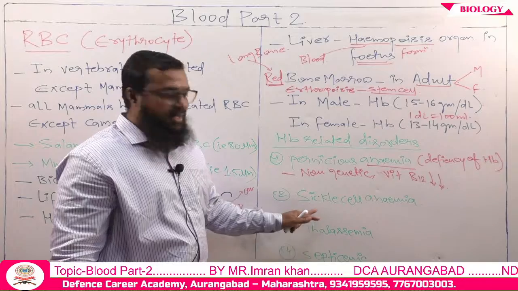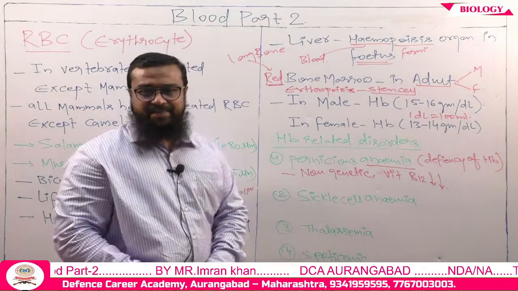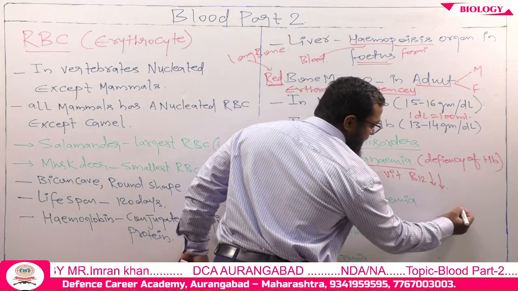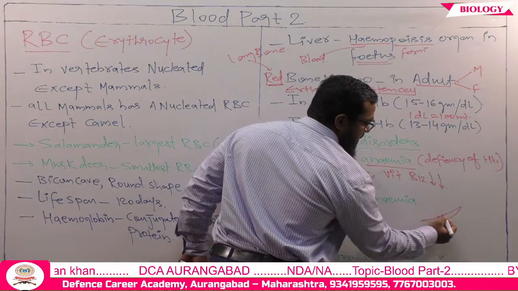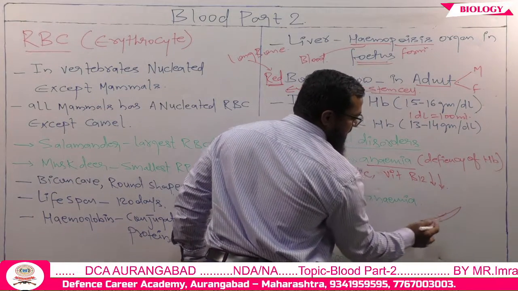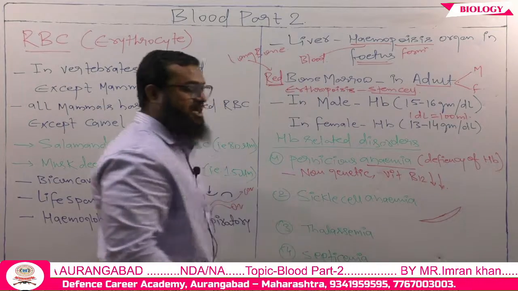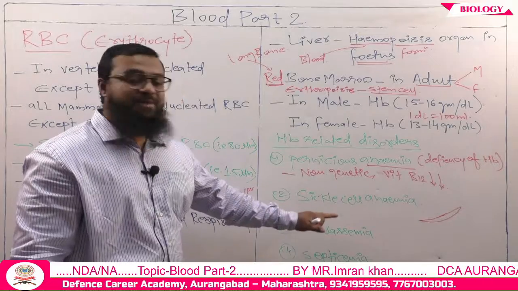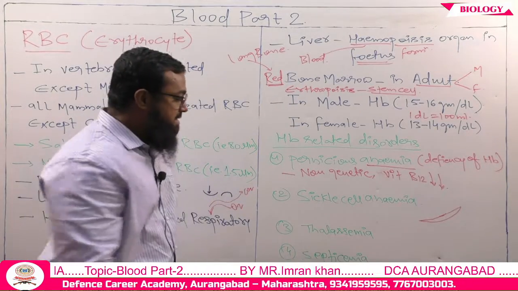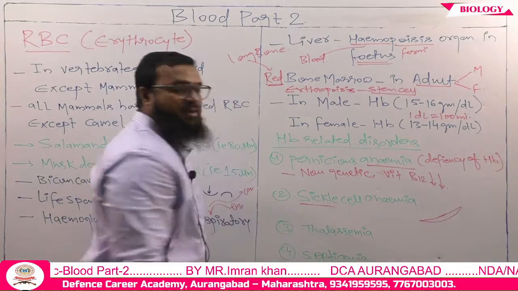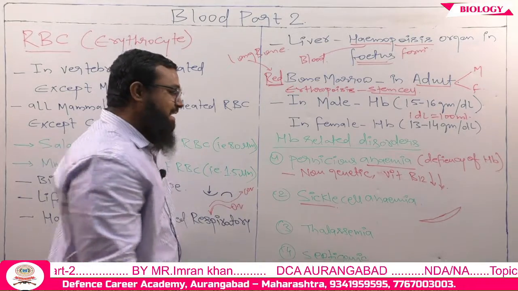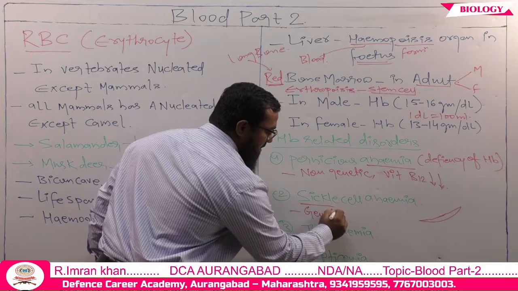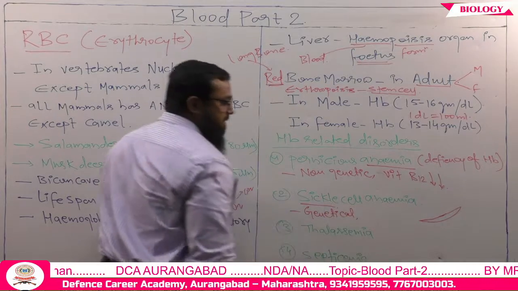Next disorder is sickle cell anemia. What happens in this? The RBC shape becomes half moon shape. Sickle means half moon shape. So this is a genetic disorder.